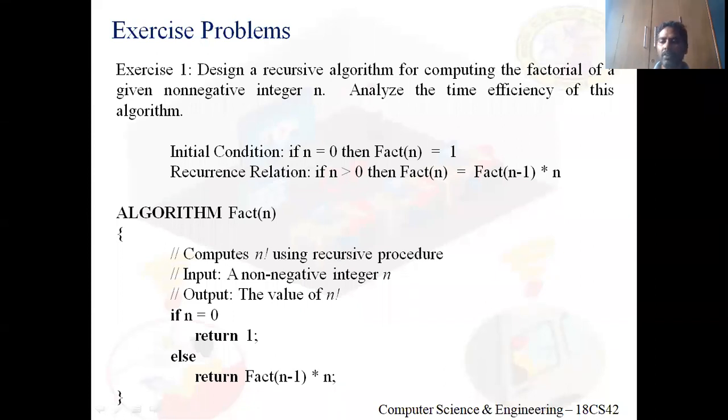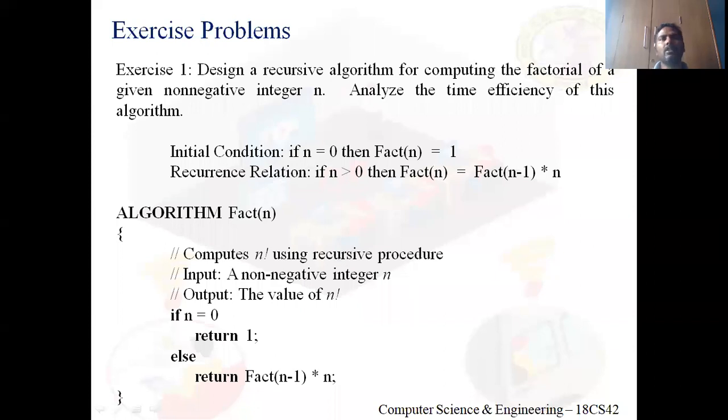So if we are asked to compute the factorial of 0, you can directly say it's 1. Clear? So look at that initial condition: if n equals 0, then fact of n is nothing but 1. Now what about the recurrence relation? Suppose you want to compute the factorial of 5.